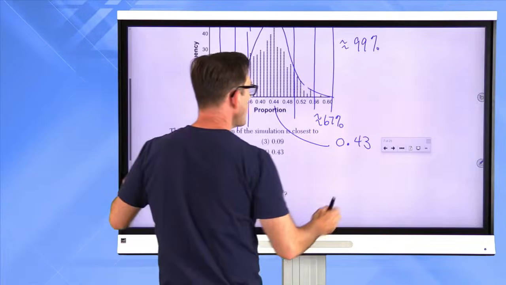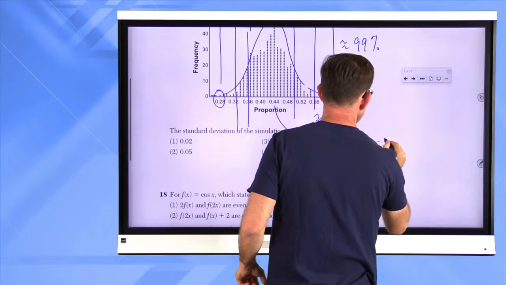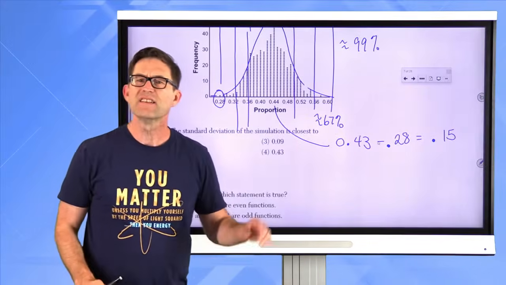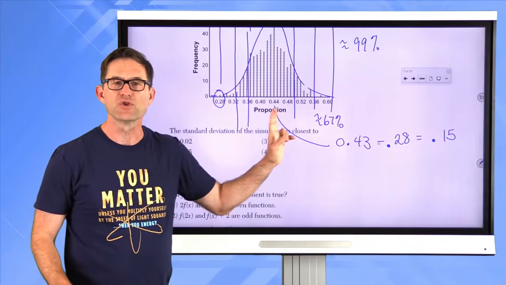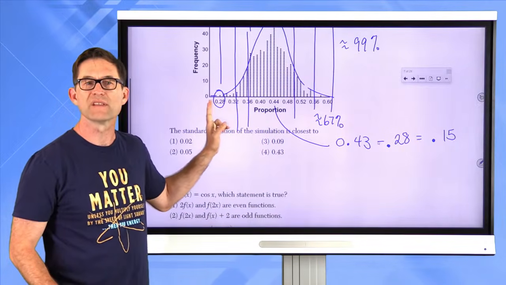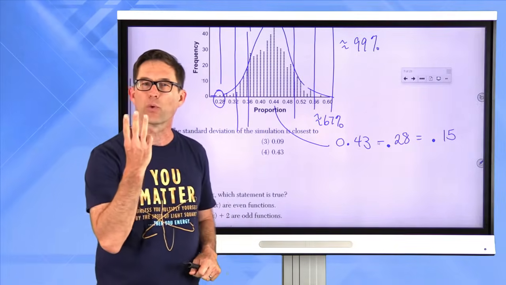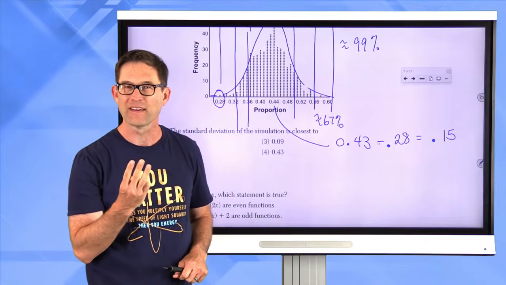So if I did 0.43 and I subtracted 0.28, what I would get is 0.15. Okay, that's the distance from the center of my distribution all the way out to this left-hand tail. And that should be just about 3 standard deviations wide, right?